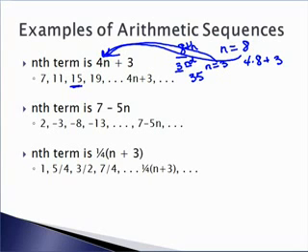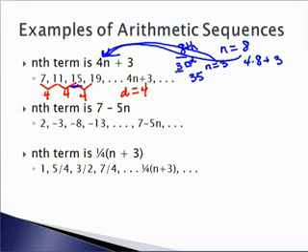Okay, so this is an example of an arithmetic sequence. And if you just take a look here, from 7 to 11, you are adding 4. And from 11 to 15, that's a jump of 4. So this is arithmetic because our common difference is 4.